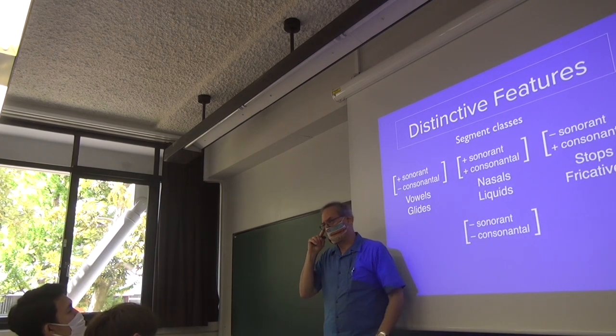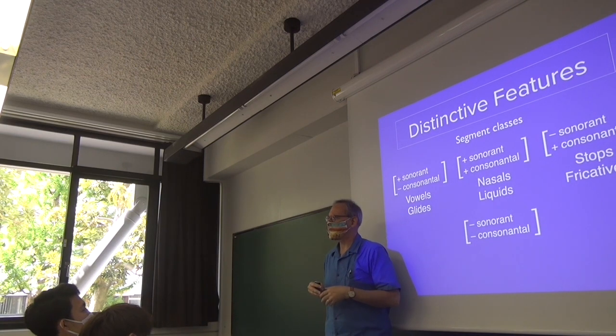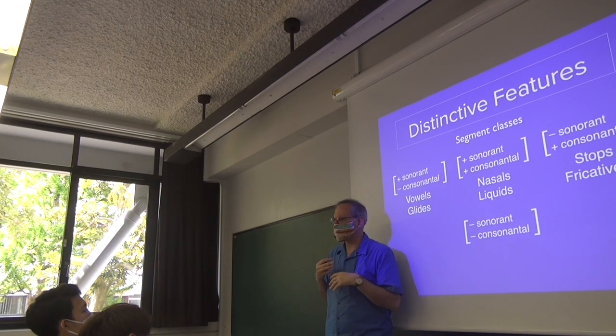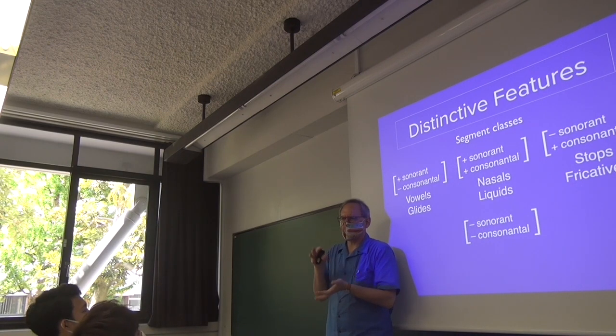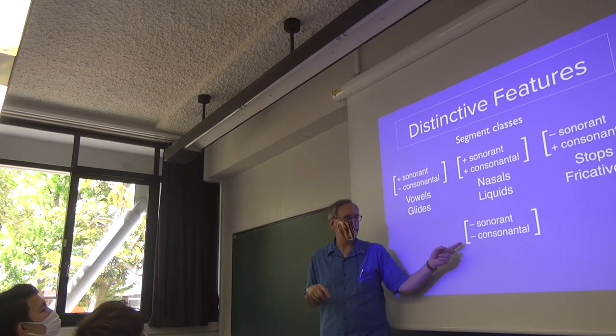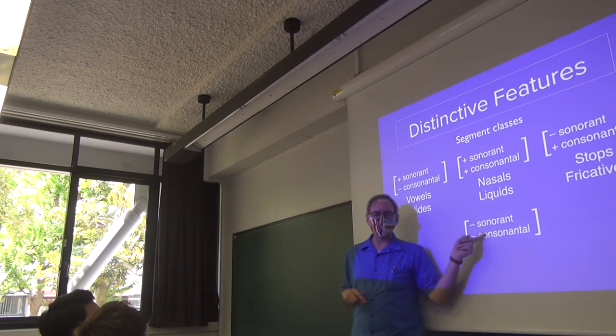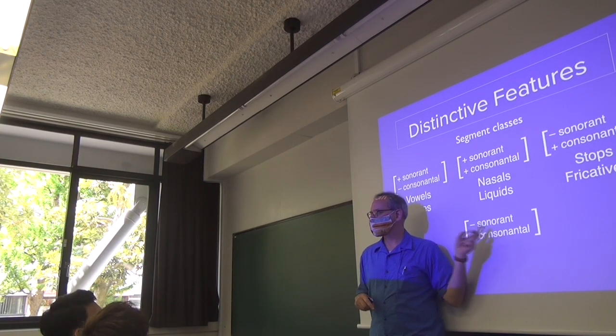What would that be? Minus sonorant, so it has to be an obstruent, minus consonantal, so no significant shaping of the space in the mouth. In fact, we do have one segment with this combination of features.